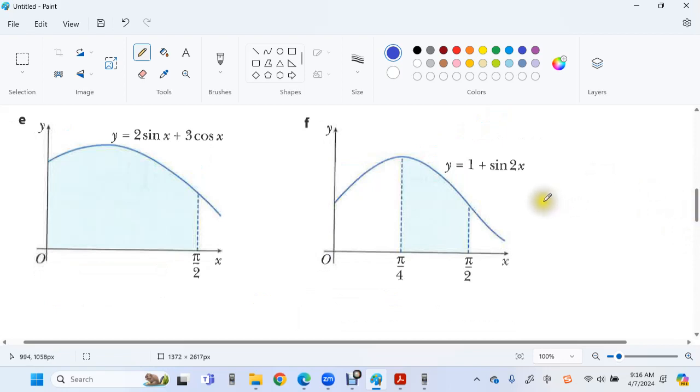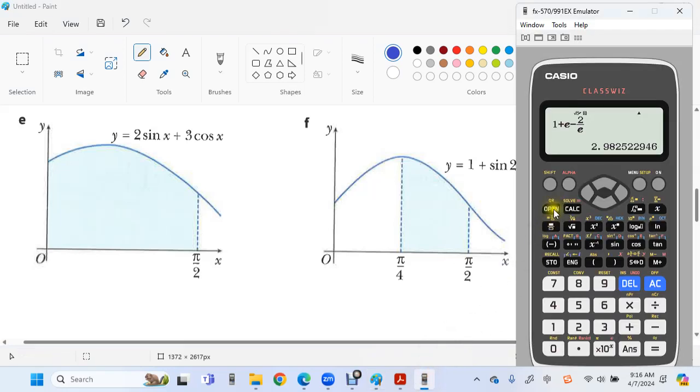For E and F, for sure, most students who use their calculator won't get the correct answer. Why? Because I let my students keep the angle unit as degree. But in IGCSE, if not mentioned, by default it is in radian.